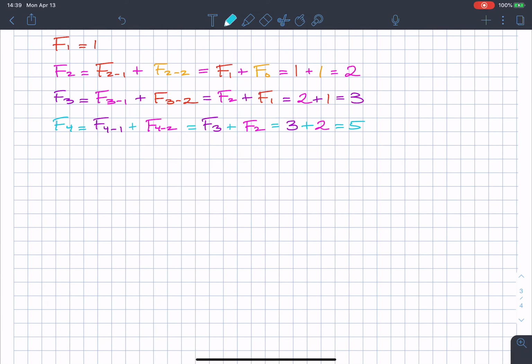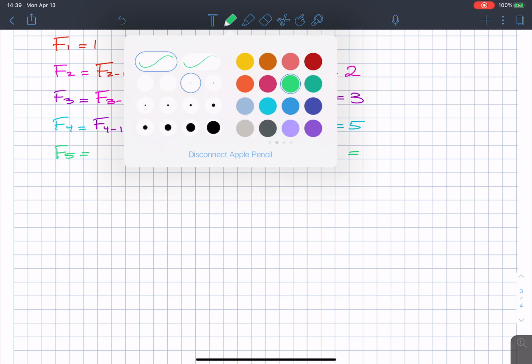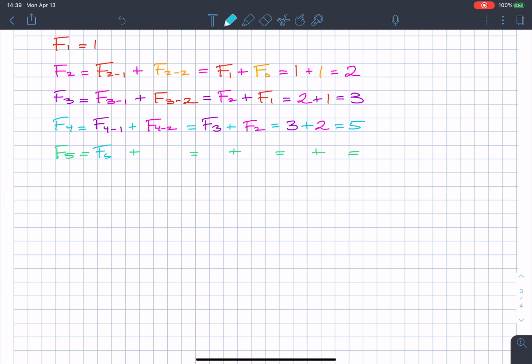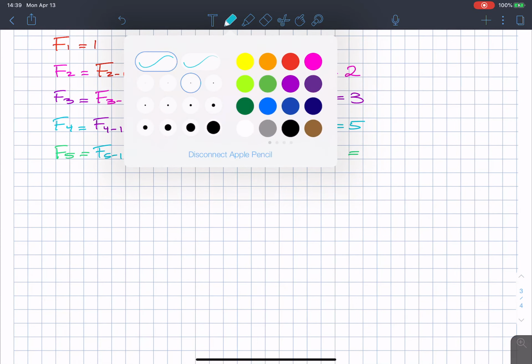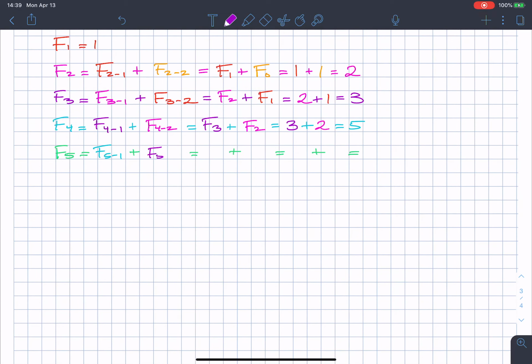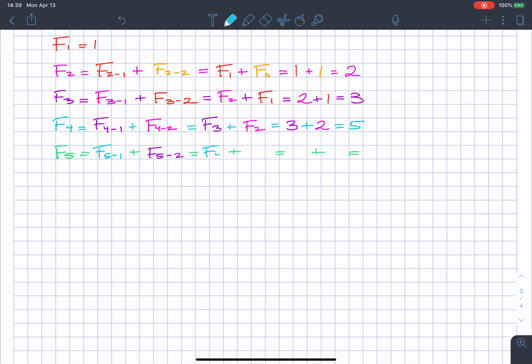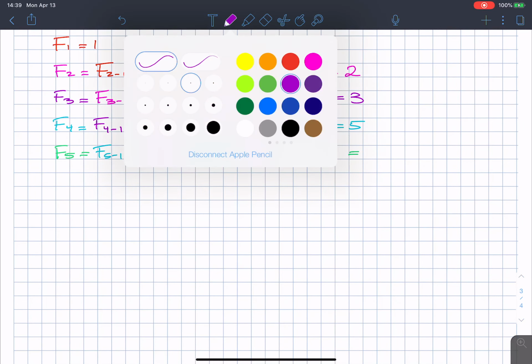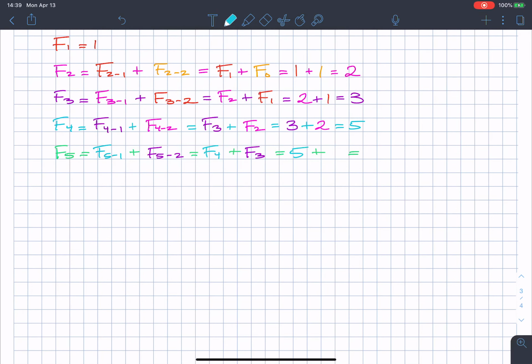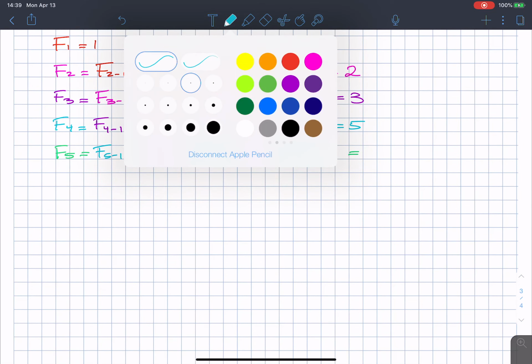Okay, so now let's do f sub 5, which is going to be f sub 5 minus 1 plus f sub 5 minus 2. So that's going to be f sub 4 plus f sub 3. And we found that f sub 4 was 5 and f sub 3 was 3.